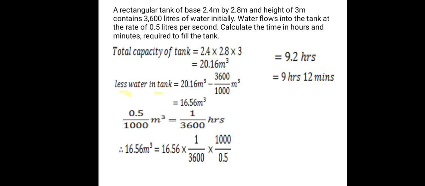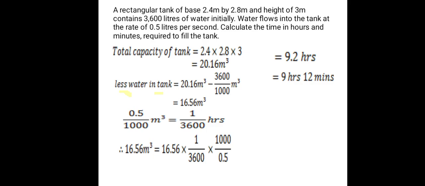What about the remaining empty space, water to fill that space? We know, therefore, the water of 16.56 cubic meter has to take how many hours to fill the tank?